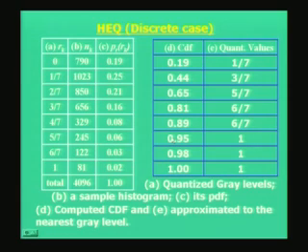At any row of the CDF, a particular value will be the sum of all the previous P_R of R_k values from R_k equal to 0 up to that particular k, and you must also reach a value of 1 at the end. As you keep on adding, 0.19 to 0.25 to obtain the next value, 0.44 to 0.21 to get the next value, and so on, you should reach a value of 1 at the end.